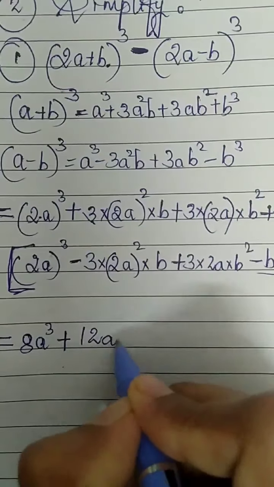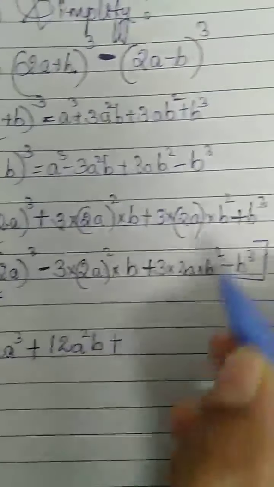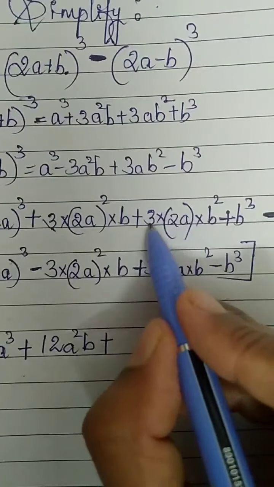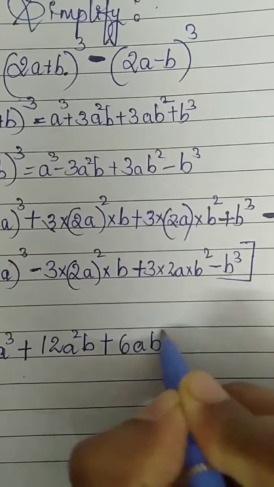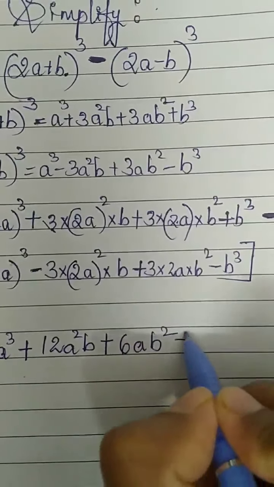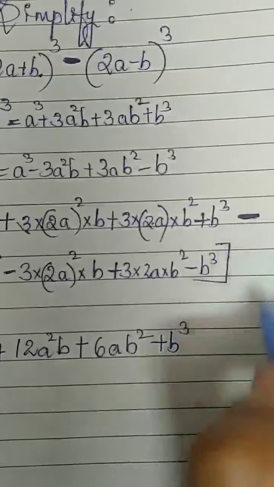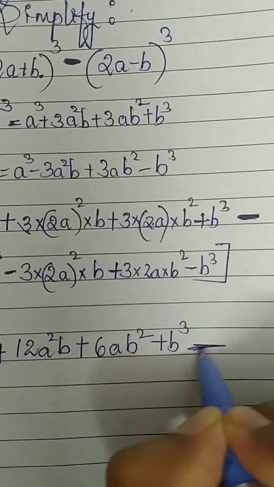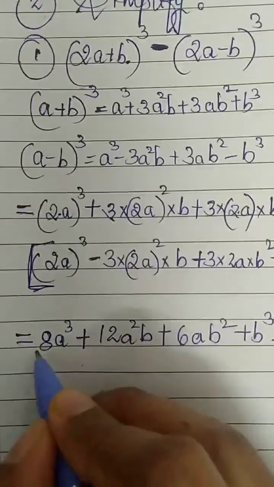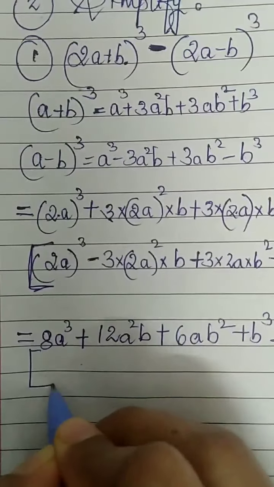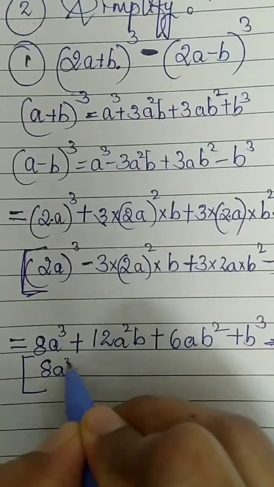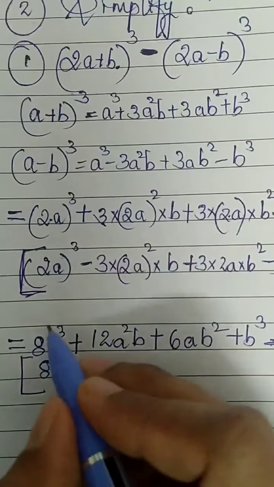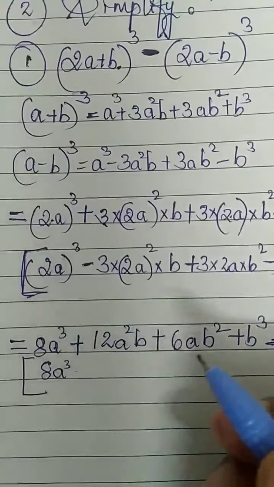A square b plus. Now this part. 3 2s are 6, ab square plus b cube. And remember minus sign. Minus. Again start with a bracket. (2a) the whole cube will be 8a cube. Write it below so that like terms come one below the other.